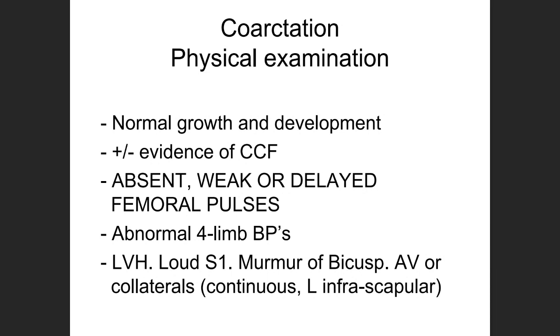Anybody? Will the pulses be elevated? What do you think the blood pressures are going to be when you take the blood pressures in the upper limbs and you compare it with the blood pressures in the lower limbs?